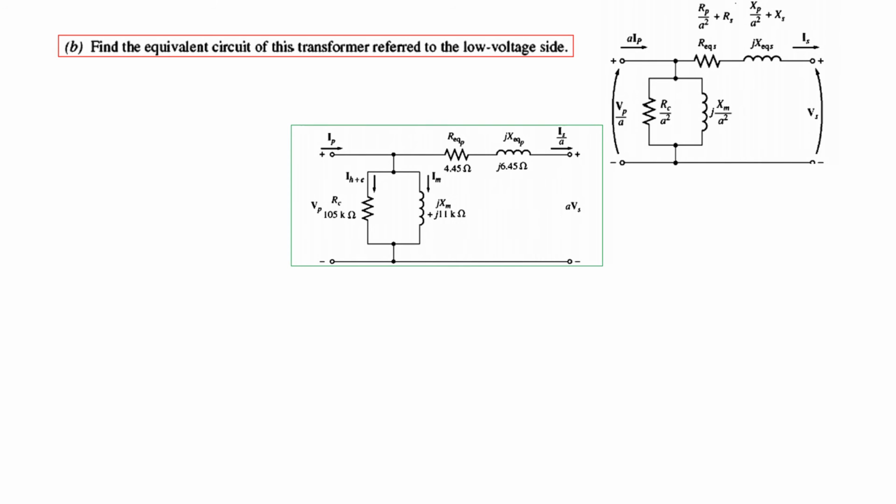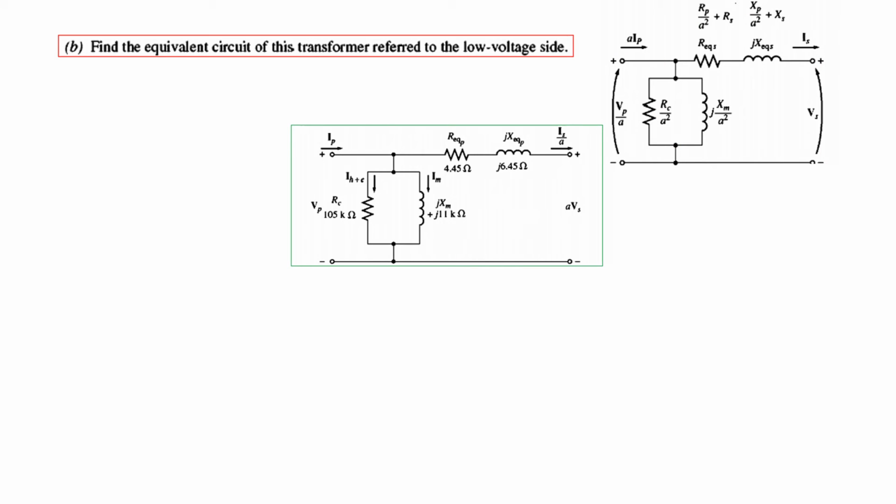Now let's go to part 2. Find the equivalent circuit of this transformer referred to the low voltage side. Now for the low voltage side, this is the diagram. They look similar, but you have to keep in mind, this was the primary side, and this is the secondary side, or referred to the low voltage side.